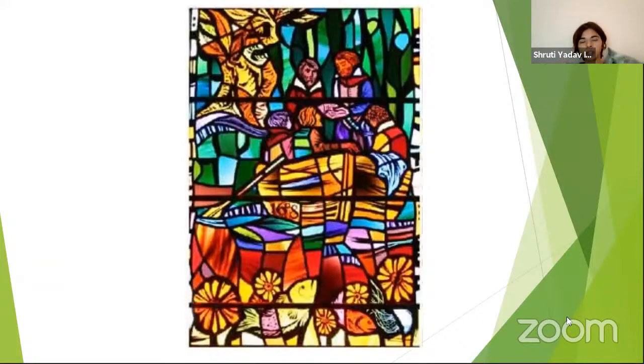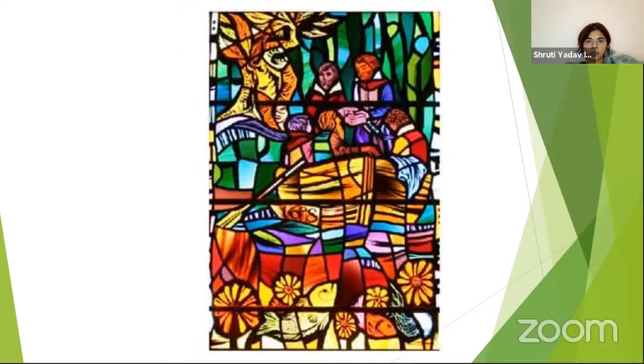Okay, so I'll be going to the next image. This is the second image. Are you able to spot the differences already?